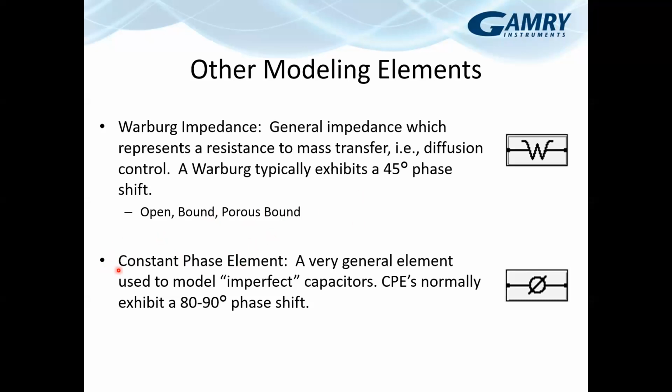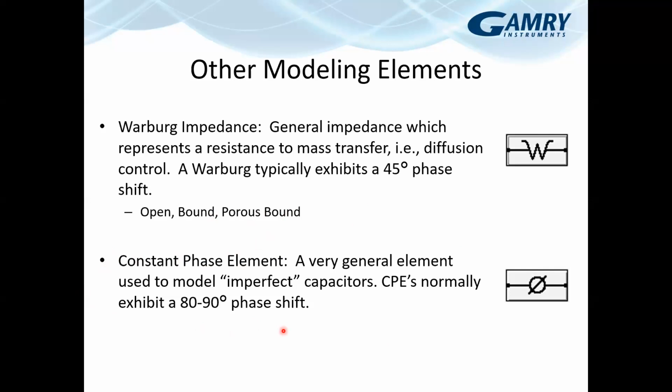The other element, and the one that actually gets used the most of these two, is the constant phase element. Constant phase element is a very general element. It can technically be used for everything, but in practice, experimentally, we kind of confine its use to control for imperfect capacitors.